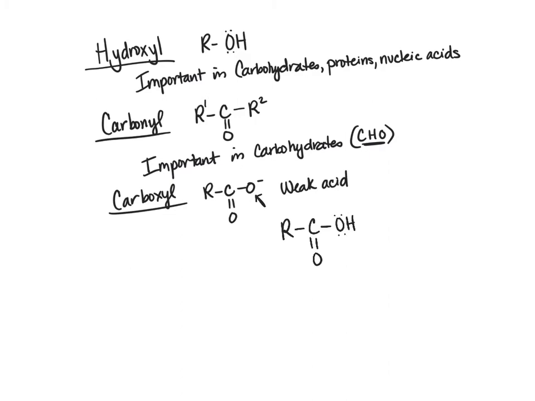And so this is called a carboxylic acid. If you remember what an acid is, it's something that releases hydrogen ions in solution. So we can see there's this back and forth between the carboxyl group that does not have the hydrogen and the carboxylic acid, which does contain the hydrogen.